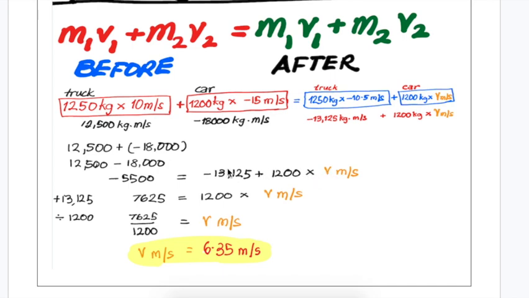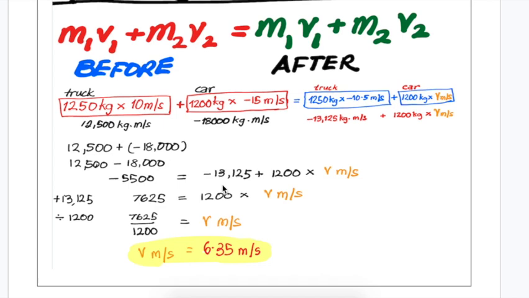To do that, we need to get everything out of this side of the equation. And first up, let's undo this minus 13125. The opposite of that is to add that to both sides of the equation. So adding that number to both sides, this comes to 7625. And here, it just cancels this out.